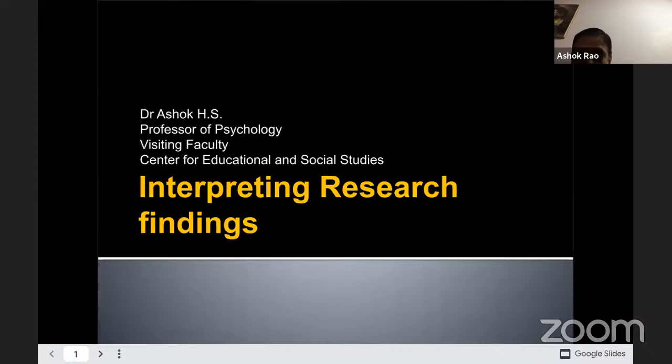The methodology you follow could be wrong. For example, normally we make use of a questionnaire, and questionnaires can be of two types: one is closed type and another is an open-ended question. When you say closed type, there are no options for an individual to give his or her response. It would be restricted only to yes or no, agree or disagree, or true or false.